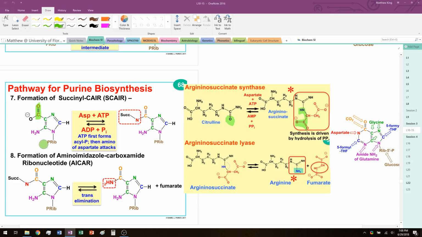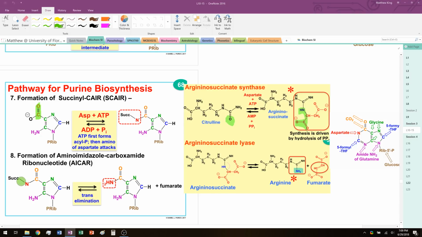But from the beginning of 7 to the end of 8, what happened is we literally just took this oxygen right here and we turned it into a nitrogen, and it's going to have some hydrogens just to satisfy the formal charge of nitrogen, which always wants to have 3 bonds. But look at this. We have oxygen right here, and all we did in these 2 steps was turn this oxygen into a nitrogen, basically.